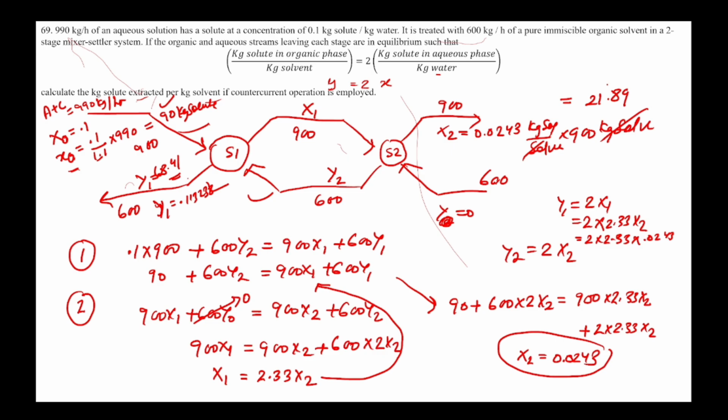If I multiply by 600, I get 67.9. So see, it is almost 68, almost equal. So this is the amount of solute extracted per kg solvent.